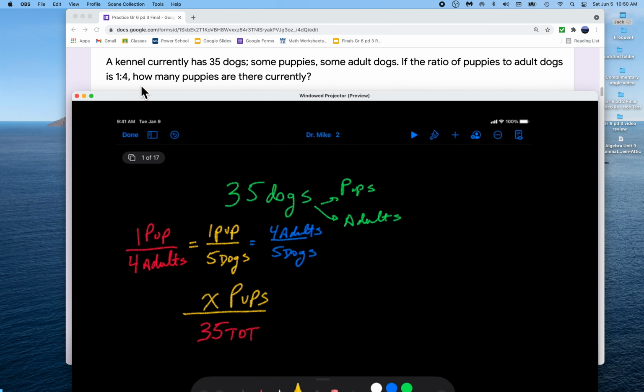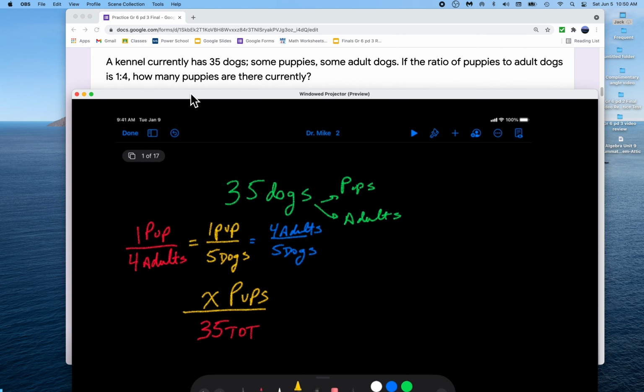Whatever follows words like how many, how much, whatever variable follows it, that's what you set to x. You're going to see problems like, how much does something cost? How much did the total meal cost? How much? Whatever follows is x. How many? Whatever follows, that's your x value.